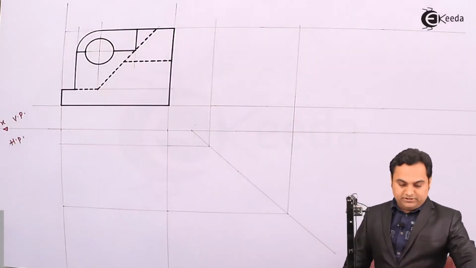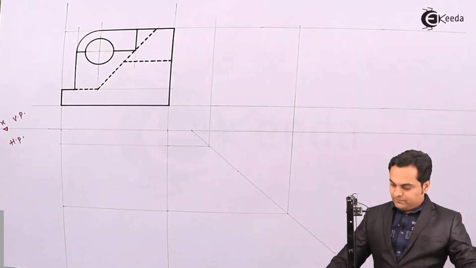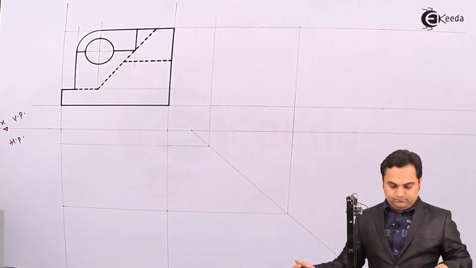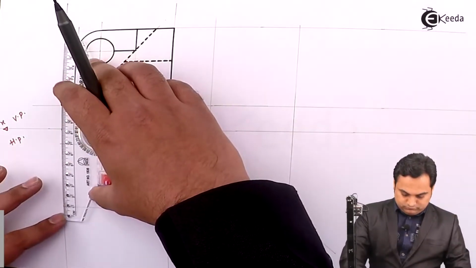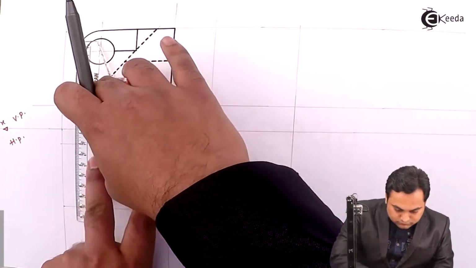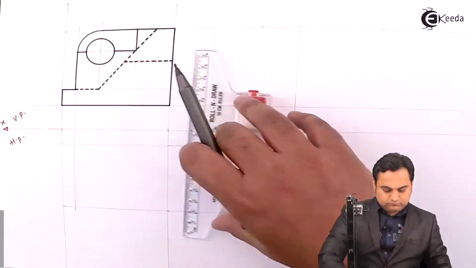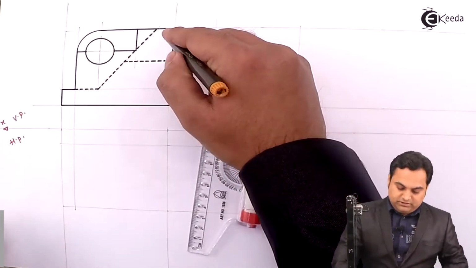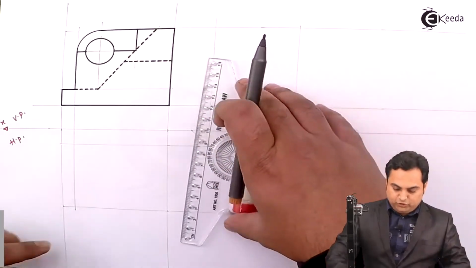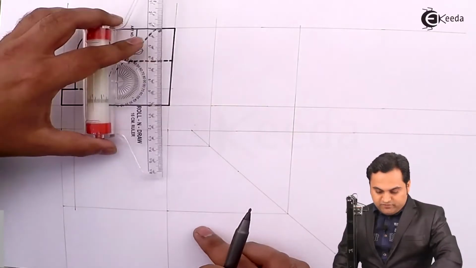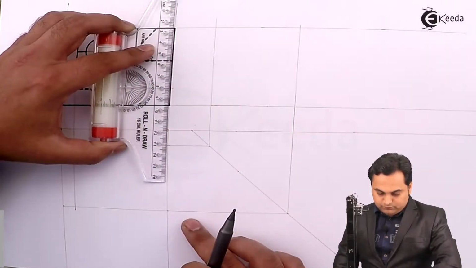So projecting the length of the surface, which is seen from top, and this cut will also be seen from the top. Where it is hidden in the front view, it will be visible in the top view.